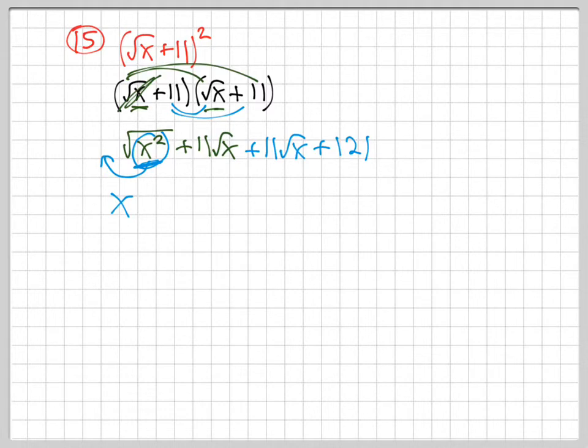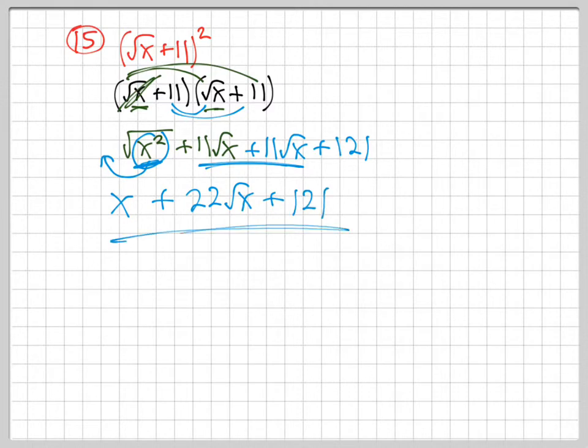Because there's nothing in the hook, which means 2. 2 for 1 deal. 2 x's in, 1 x out. And what's left over inside that root? Nothing at all. So the root vanishes. Plus, and 11 root x and 11 root x? 22 root x, because they're like terms, plus 121. Done. Are we good there?